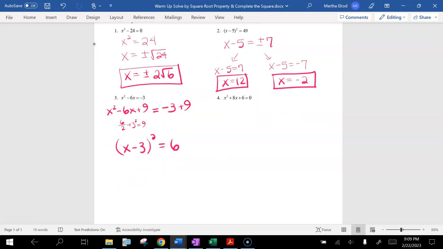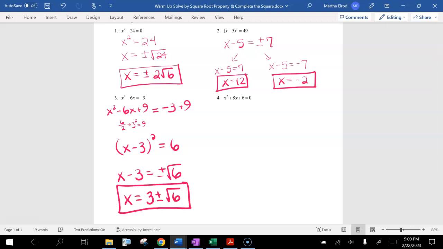Now I can use the square root property. I take the square root of both sides, and on the left-hand side I get x minus 3, and on the right-hand side I get plus or minus the square root of 6. Now I just need to solve for x, so I'll add 3 to both sides of the equation, and I get x equals 3 plus or minus the square root of 6, and that's my answer.